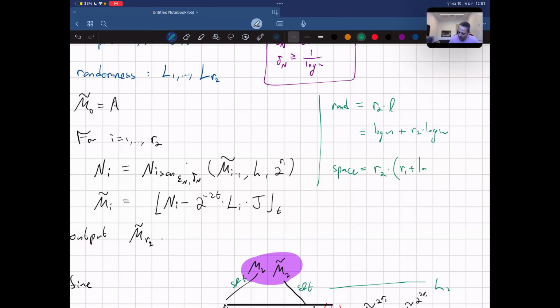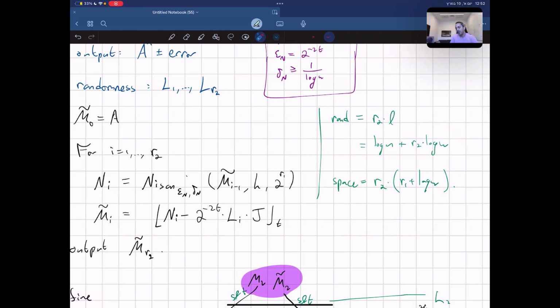Anyhow, good. And you see, it's exactly the same as the randomness complexity because R1 times R2 is log n. And if you have a randomized algorithm whose randomness is the same as its space complexity, it's not really randomized. You can just copy the randomness to the working space and do whatever you want with it.